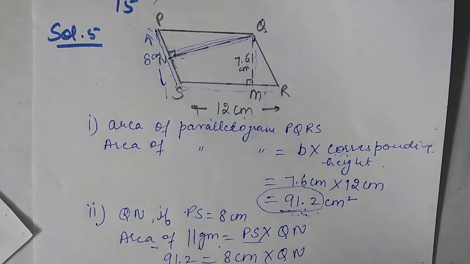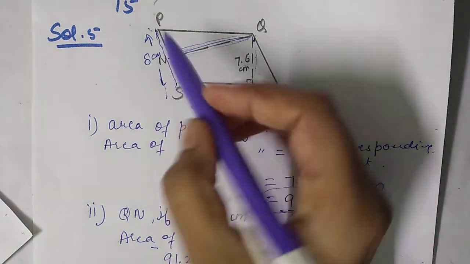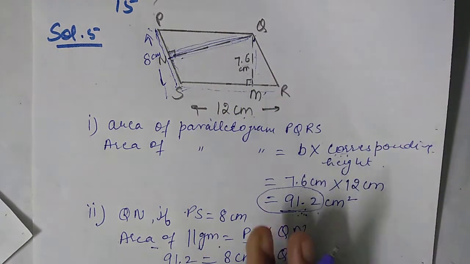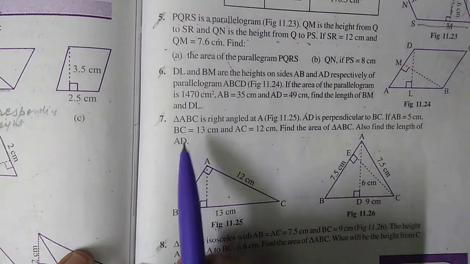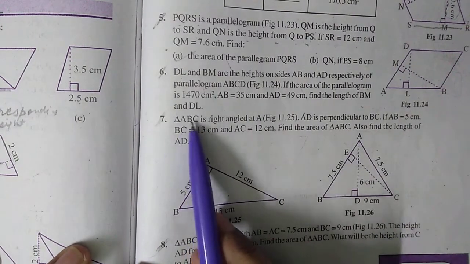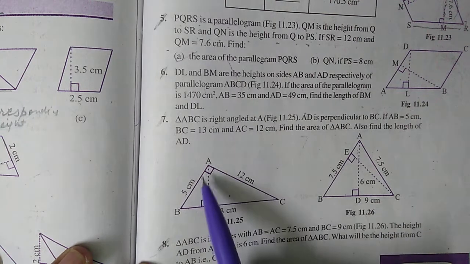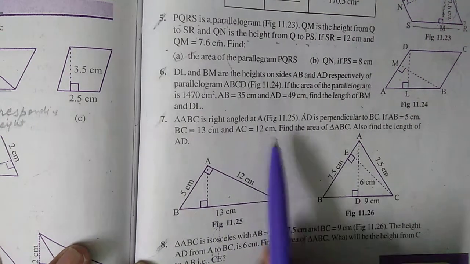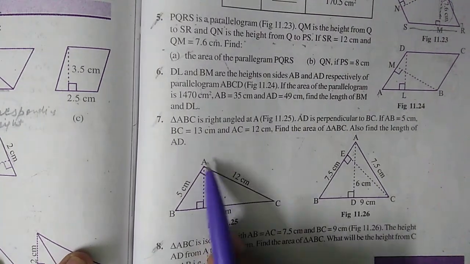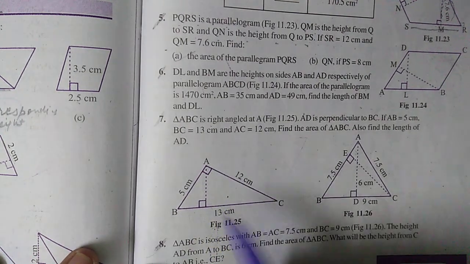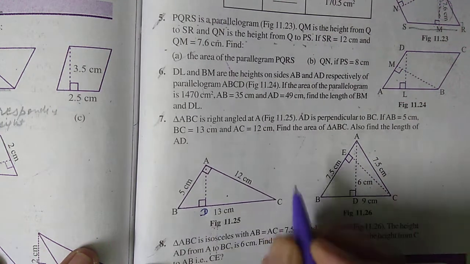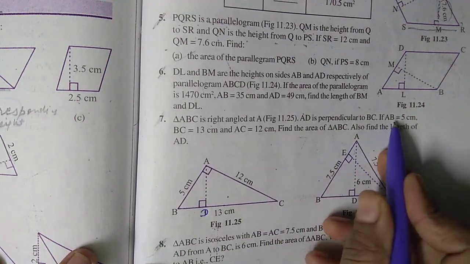Now question number 6 is the same as question number 5, so you have to do that yourself. Now I am explaining question number 7. Triangle ABC is right angled at A. This is the figure given, with 11.25. This is a right triangle at A. AD is perpendicular to BC.